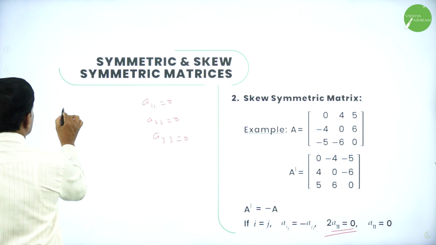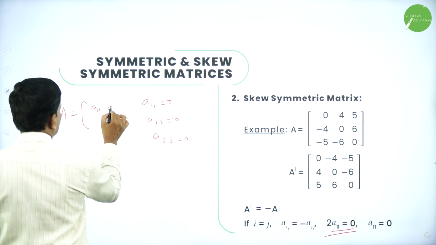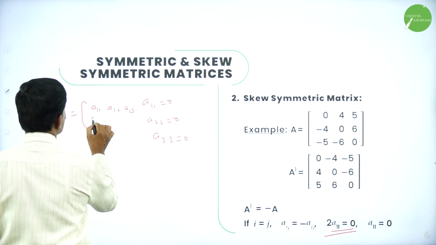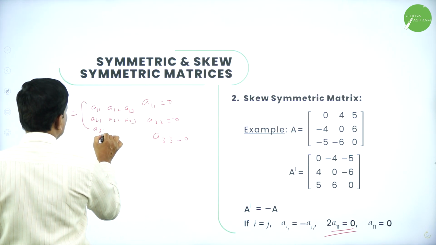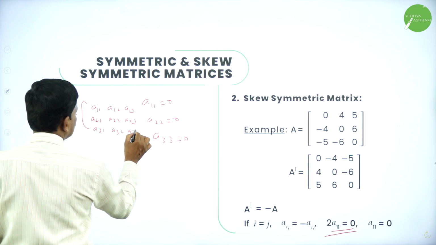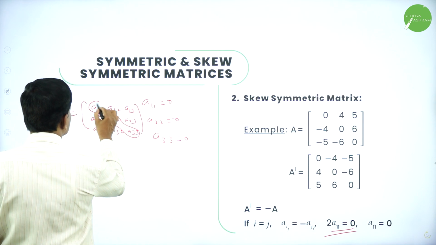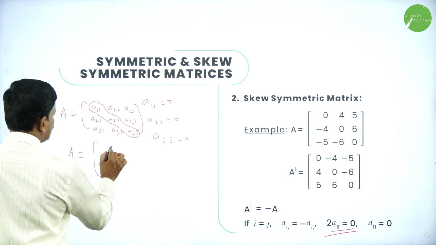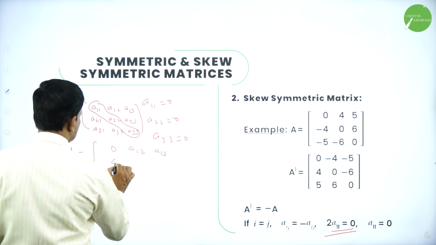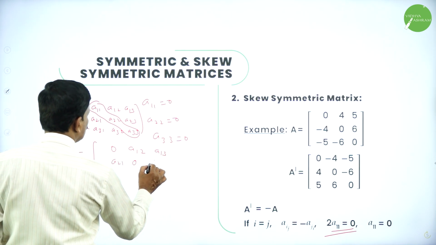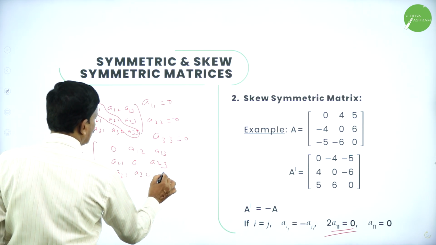That means this is a11, a12, a13, a21, a22, a23, a31, a32, a33. That means a11, a22, a33 are zeros. That means you will get 0, a12, a13, again a21, this is 0, a23, this is a31, a32 and 0.